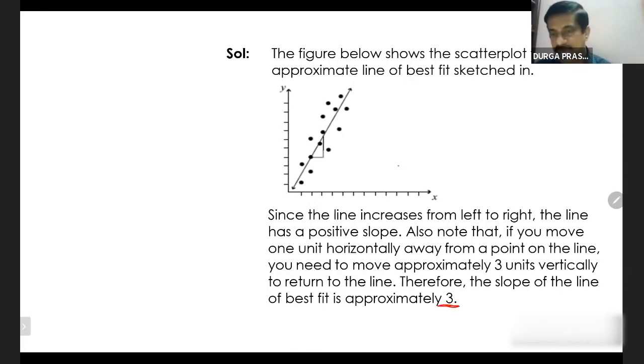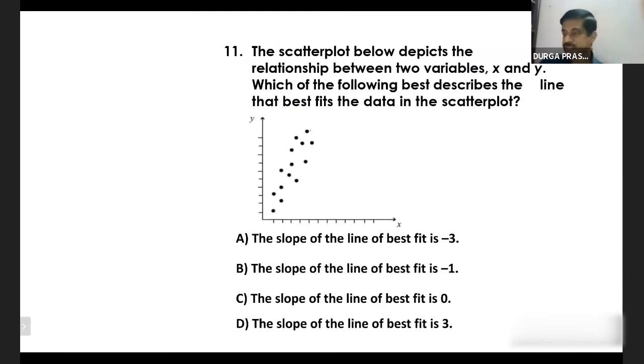Now, I said I can answer this question directly without checking anything. Right, children? How can I answer this directly? Go back to the options. See, negative slopes are ruled out because you don't find any downward trend.